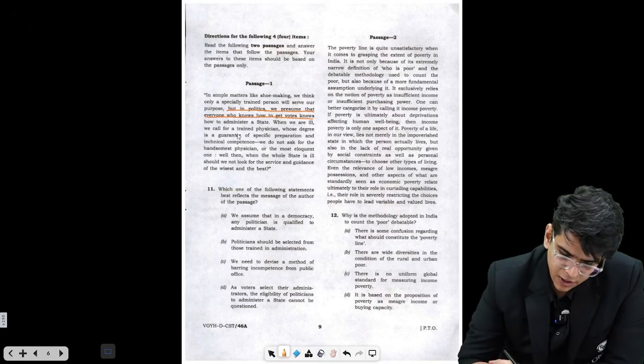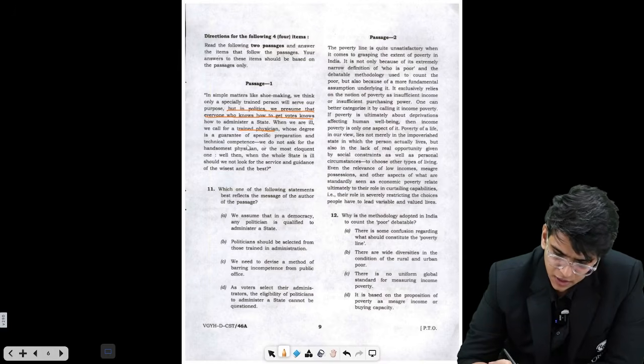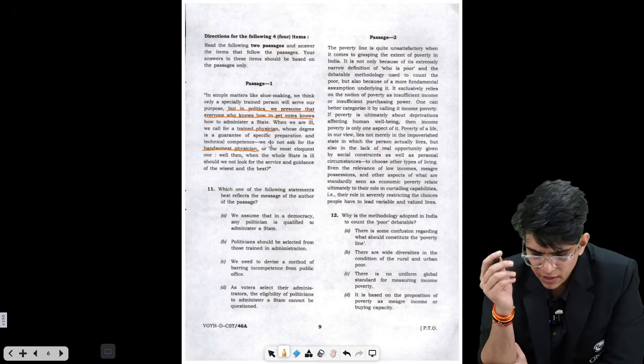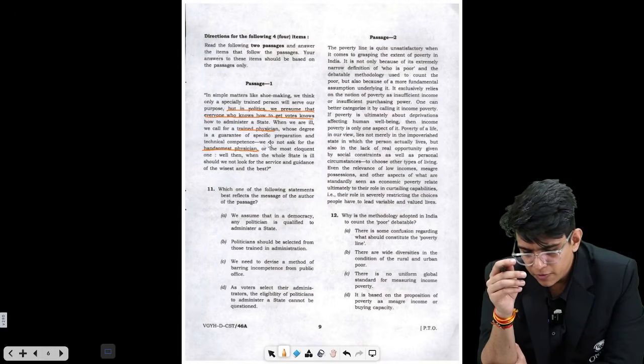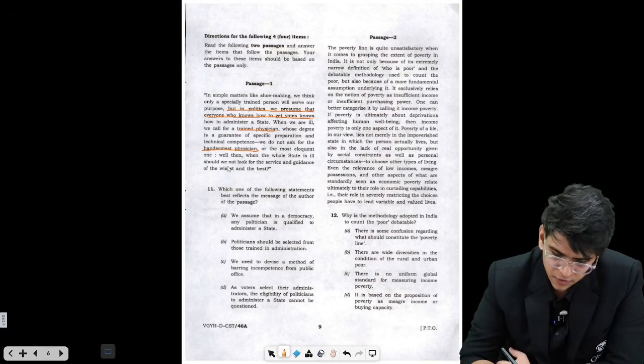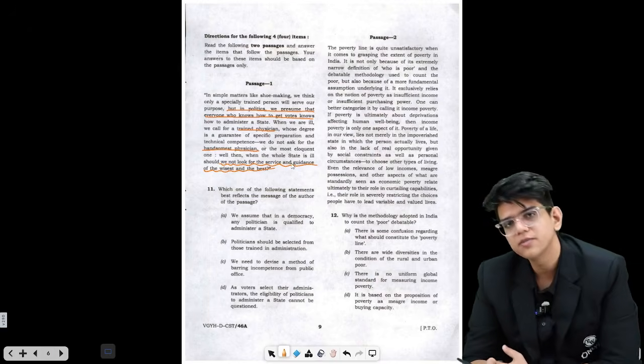When we are ill, we look for trained physicians whose degree is a guarantee of specific preparation and technical competence. We do not ask for the most handsome physician or the most eloquent one. Well then, when the whole state is ill, should we not look for services and guidance of the wisest and the best?